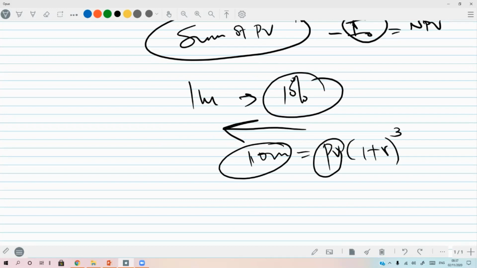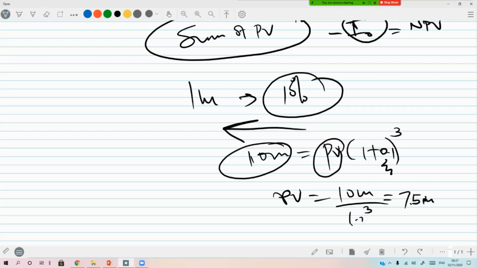Here the rate is 10%, or 0.1. Therefore, the present value is 10 million divided by 1.1 to the power of 3, which gives maybe 7.5 million. So we discount back to year zero at a given rate to get the present value.